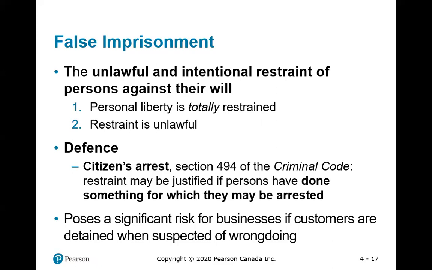Yes, they are, based on vicarious liability. So based on vicarious liability, an employee who commits the tort of false imprisonment also makes their employer liable.